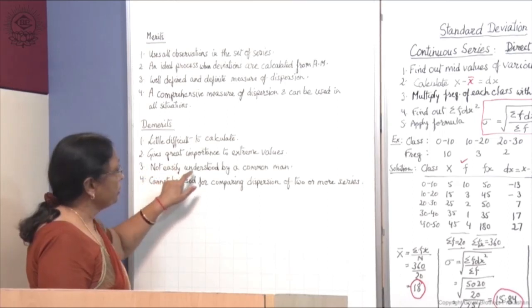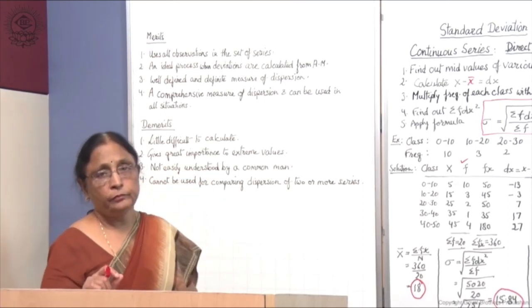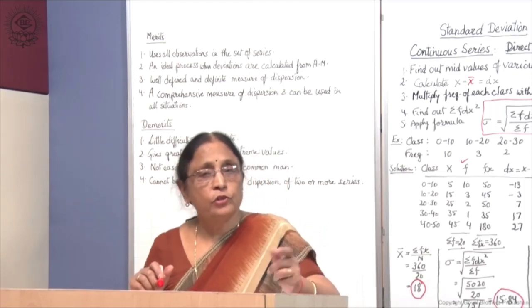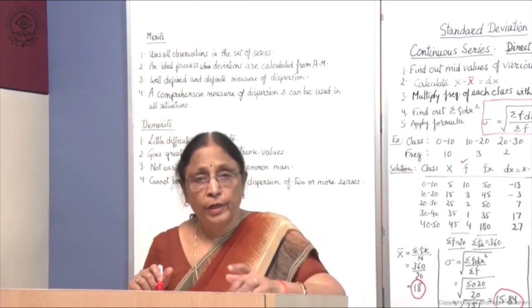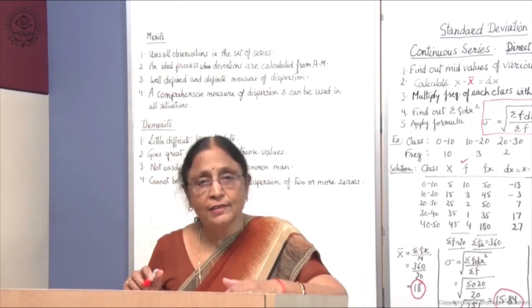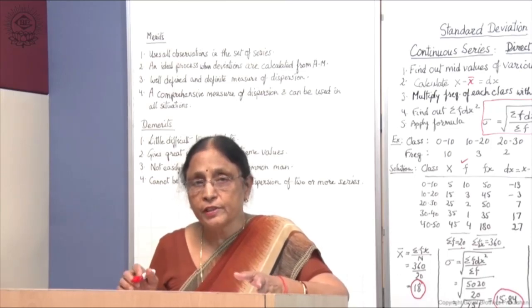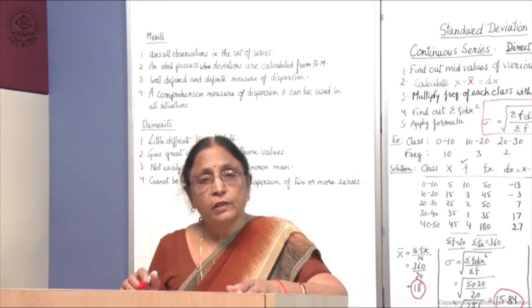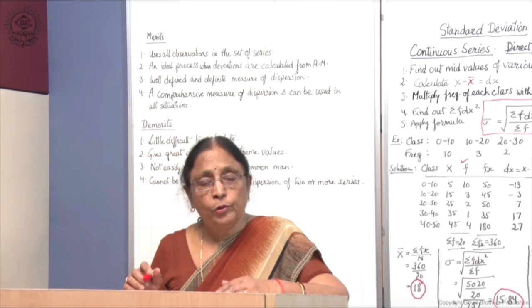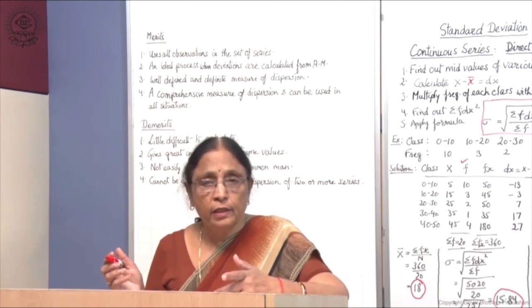Third, not easily understood by a common man. By a common man, this standard deviation is not very easily understood, but for people like you who have learned statistics, who have developed interest in statistics and who know the steps very well, you can understand it very easily.